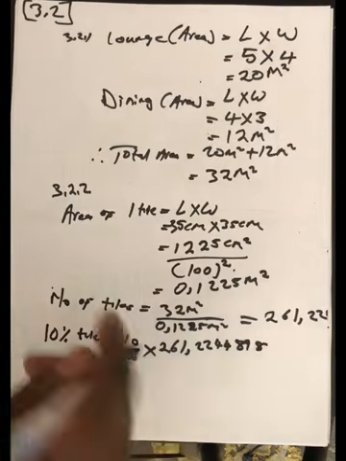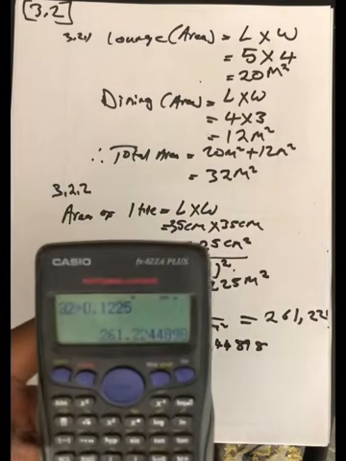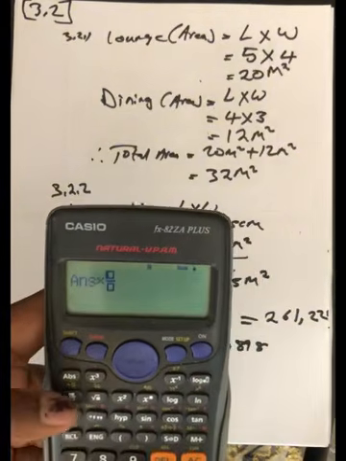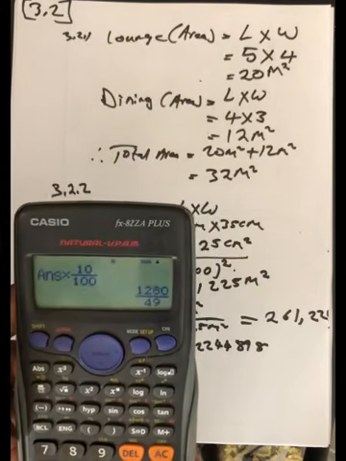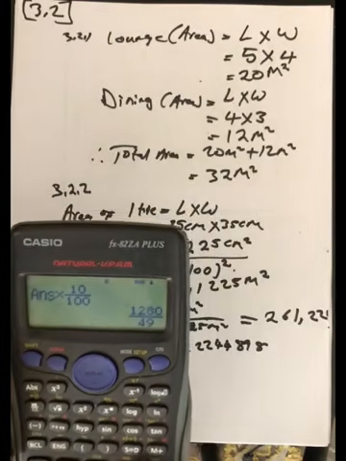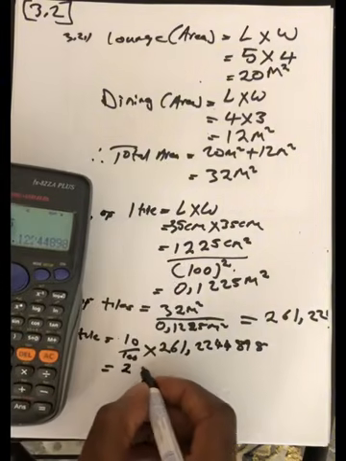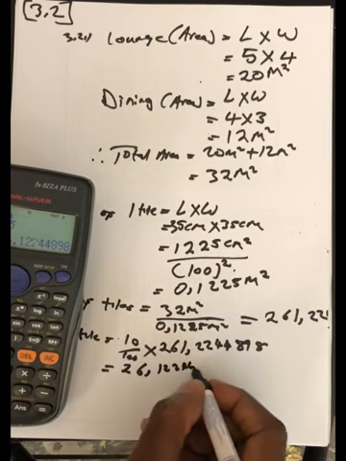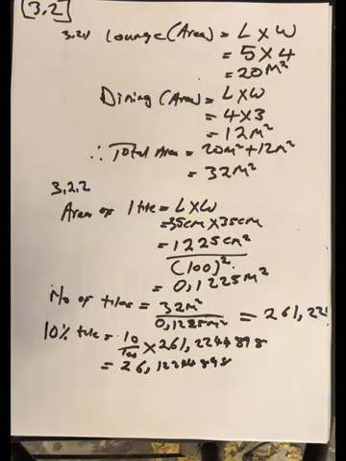So we are going to find the 10% more. Use a calculator. Just take the previous answer, which is already here, and multiply by 10 over 100. 10% more, we know that we need to add 26,122,44,898 tiles.